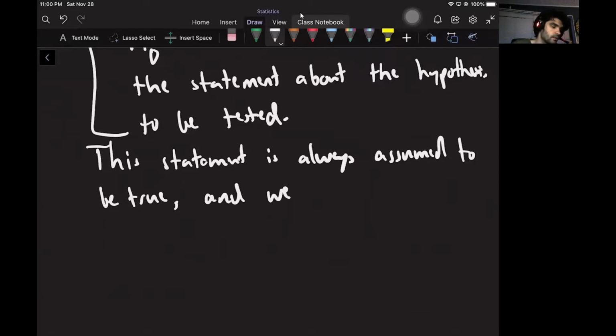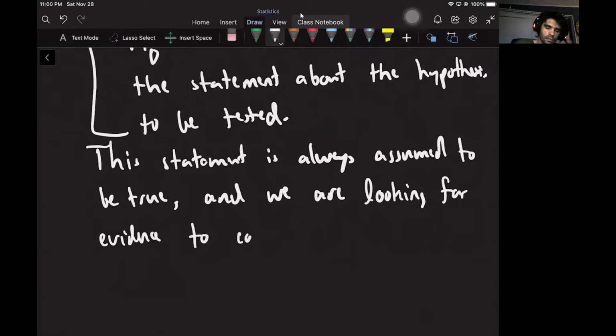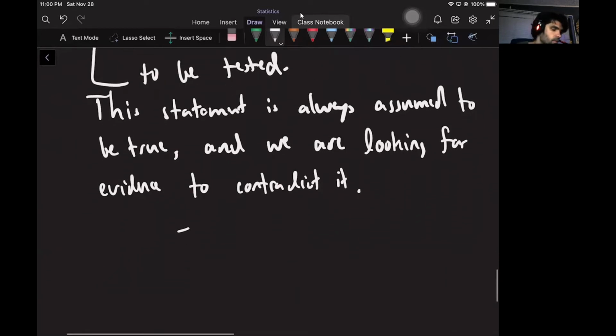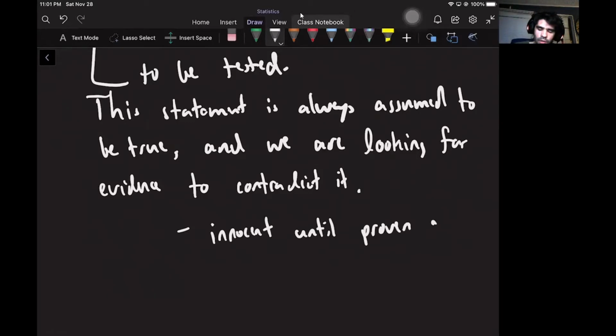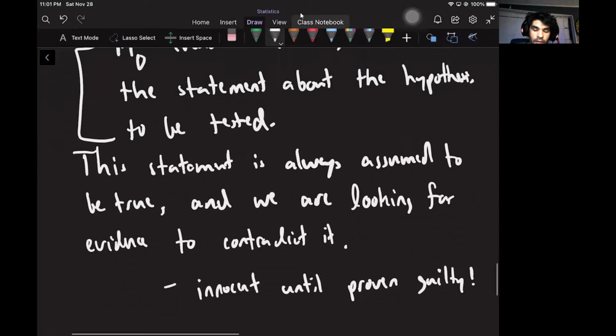So the statement is always assumed to be true, and what we, the researcher, are trying to do is look for evidence against it, or to contradict it. One way to think about the null hypothesis is the court system, where people are innocent until proven guilty. In the court system, the null hypothesis is innocence.